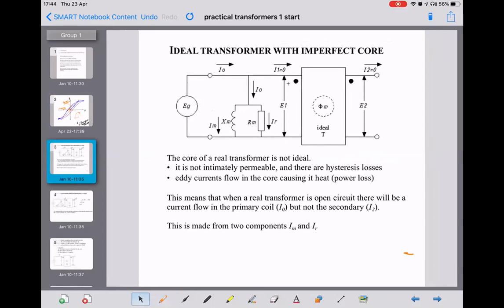Now, if that transformer was ideal, with nothing connected to the secondary side, we'd have no current I2, but with, let's say, 600 volts DC connected, we'd have no current in the primary side either. Now on a real transformer, you do get a current flow when it's open circuit, because this core isn't ideal, i.e. it's not infinitely permeable.